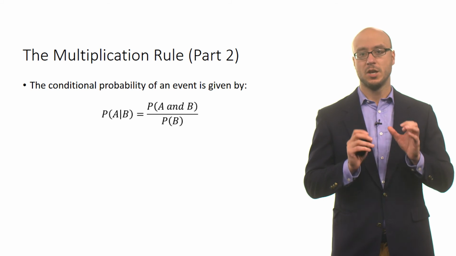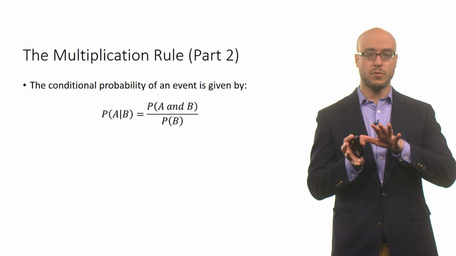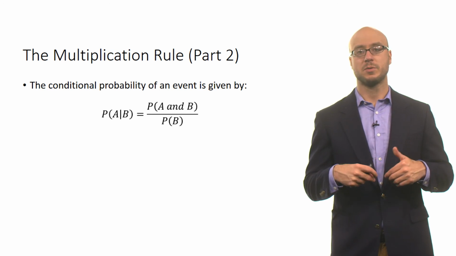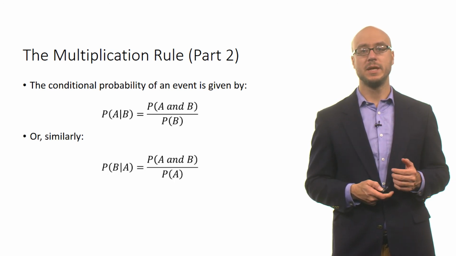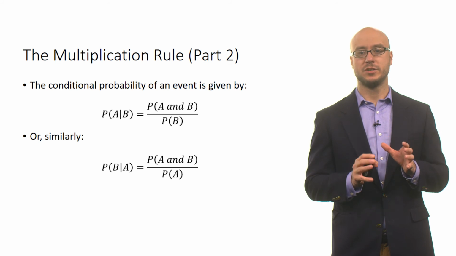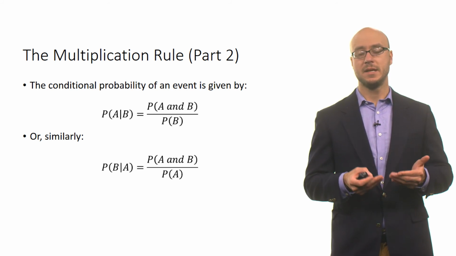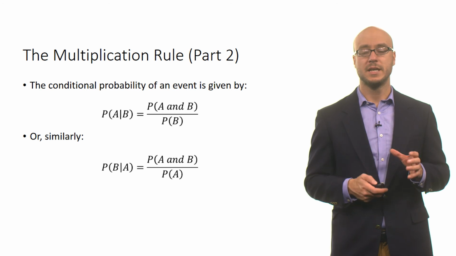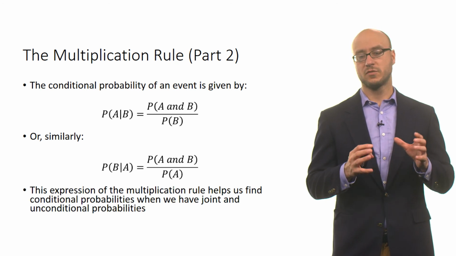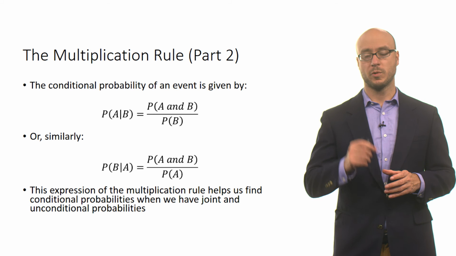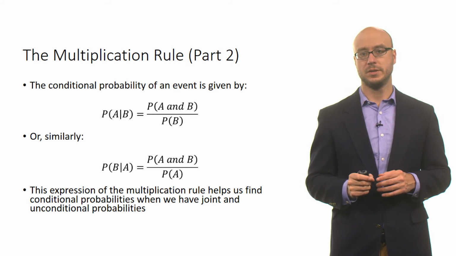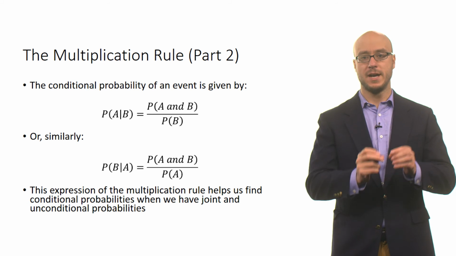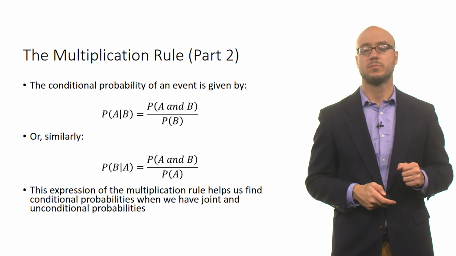So you can say the probability of A and B divided by the probability of B equals the probability of A given B. In a similar fashion, you can say the probability of A and B divided by the probability of A gives you the probability of B given A. So we like to use this version of the multiplication rule when we're given some joint probability and an overall or unconditional probability, and we want to find specific conditional probabilities.